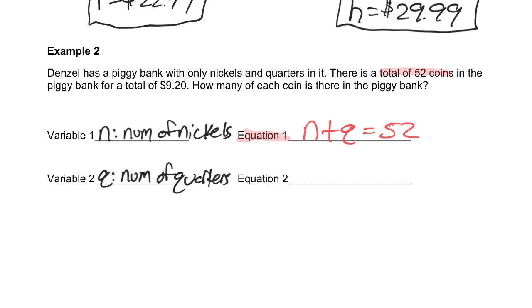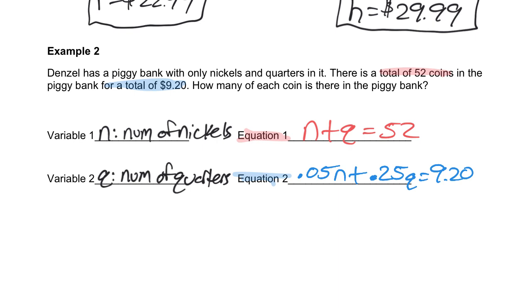Then we're going to have a total amount, like value. That's going to be equation 2. So values are the following. You have 0.05 times every nickel plus 0.25, which is 25 cents, times every quarter, equals $9.20. So that's how you would write it.